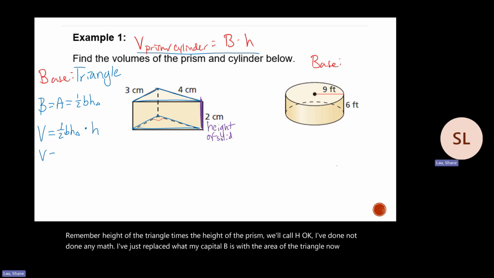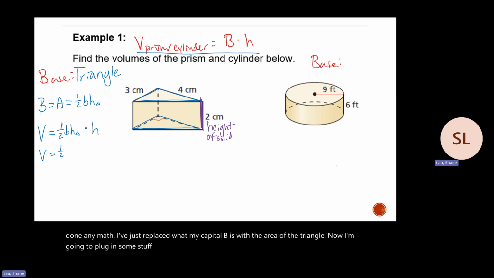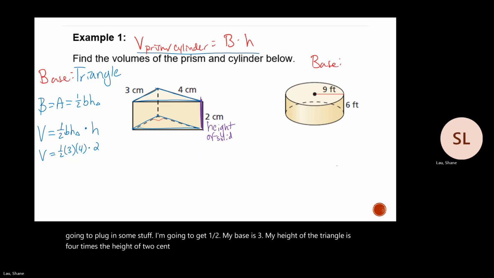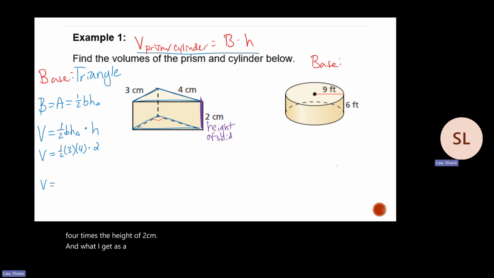Now I'm going to plug in some values. I get 1/2, my base is 3, my height of the triangle is 4, times the height of 2 centimeters. What I get as a result is 12 centimeters cubed. And make sure that you have the cube there.